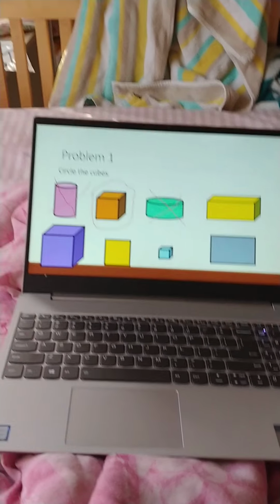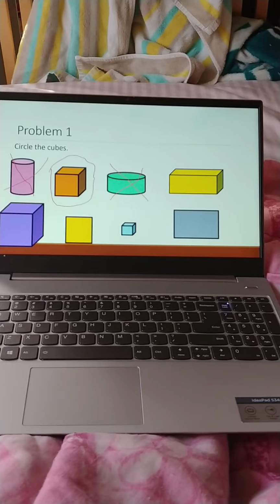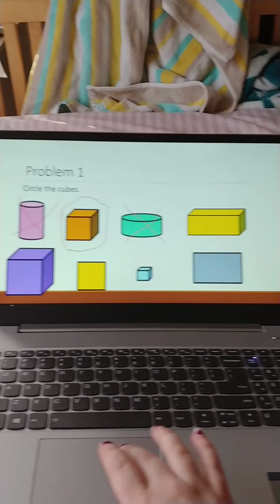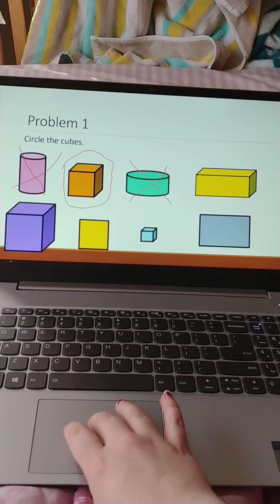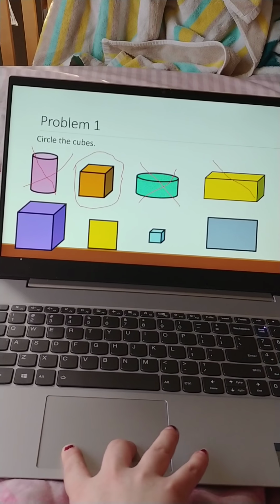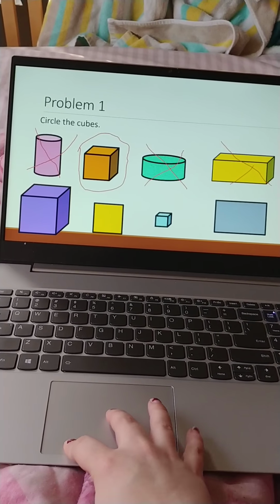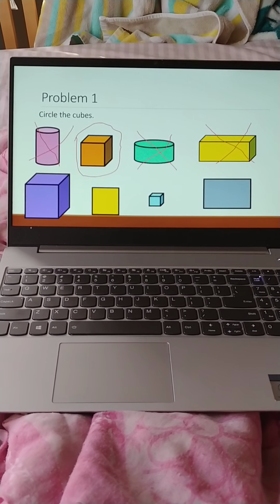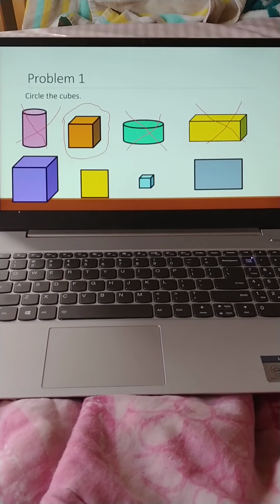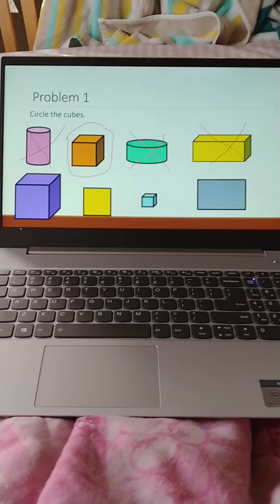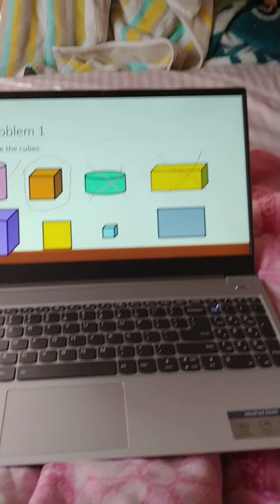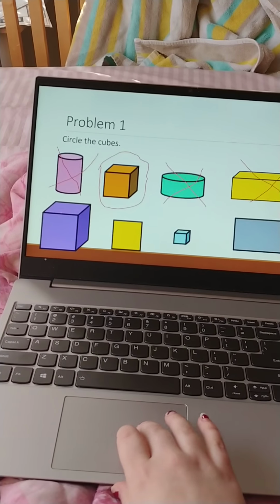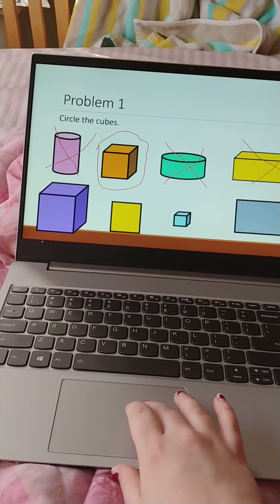And you can tell because not all the sides on some of the faces are equal. So we're going to put an X on that. Now this next one, we can see that it is 3-dimensional because it pops out at you. And we can also see that the faces are square, so we can circle that one.